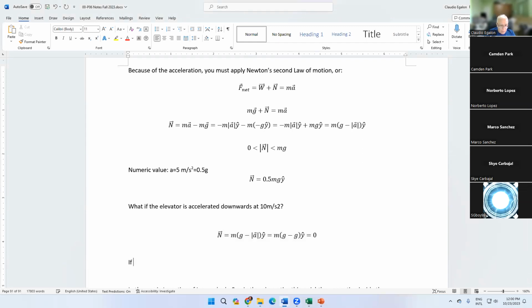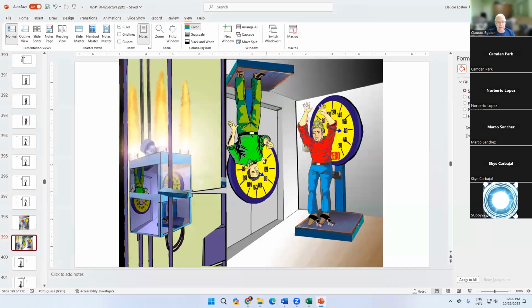If in this case A is greater than g, then you have negative g, and you can walk upside down just like a fly. That's exactly the sensation that you get under those circumstances.